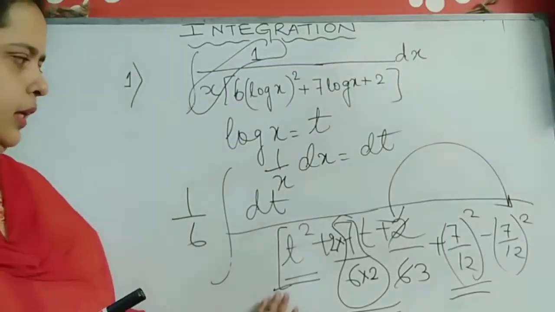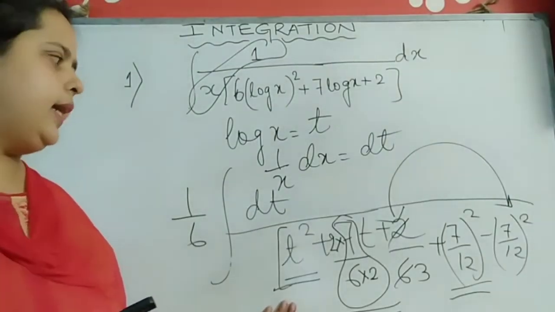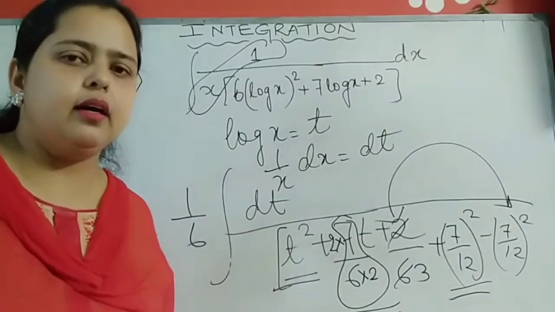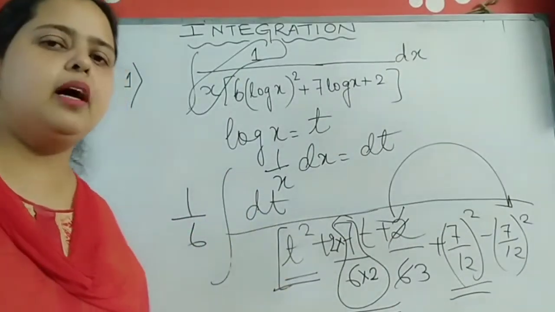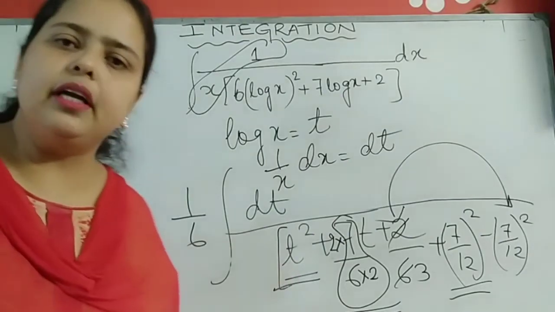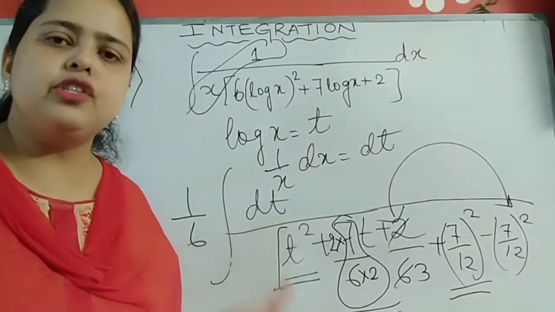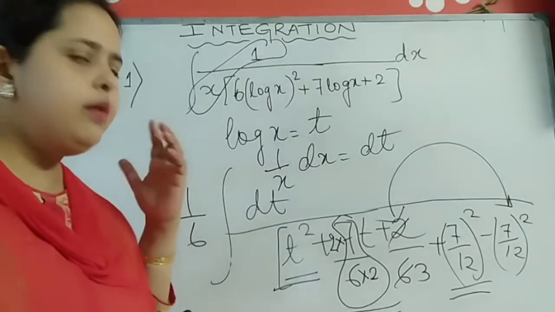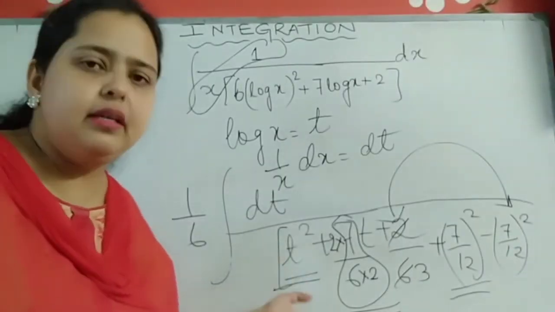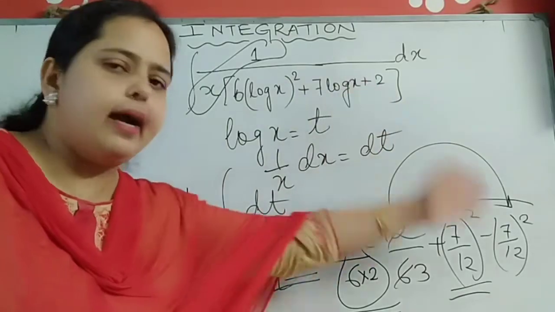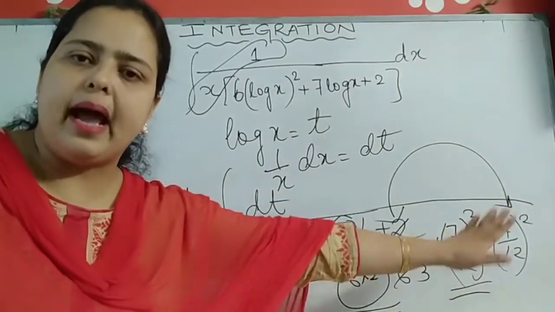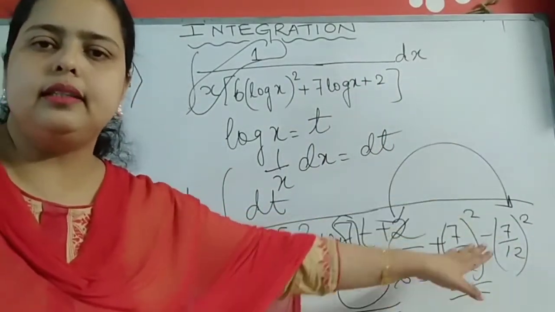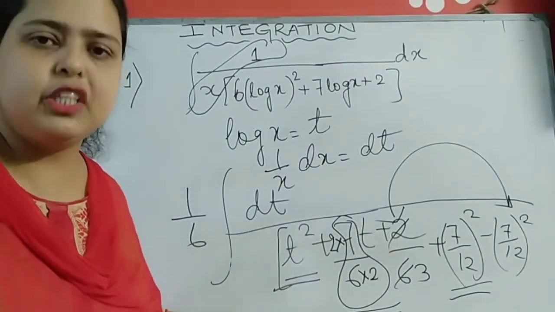What I did: I tried making an a plus b whole square formula, but I was not having a 2 here. I managed a 2 in the numerator and the same in the denominator. On managing the same, I am getting a b square. That b square is added and the same is subtracted, so that there is no change in the denominator expression.